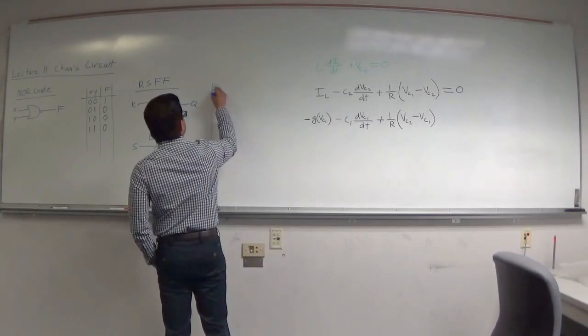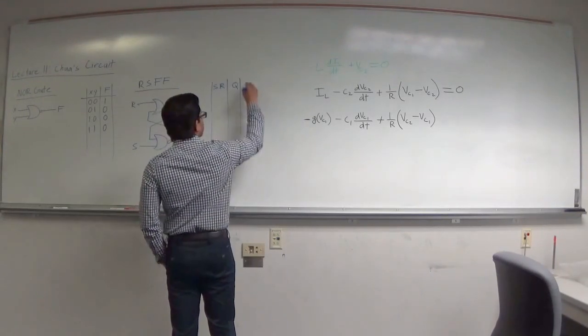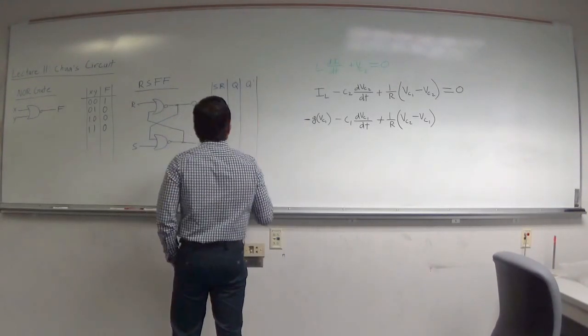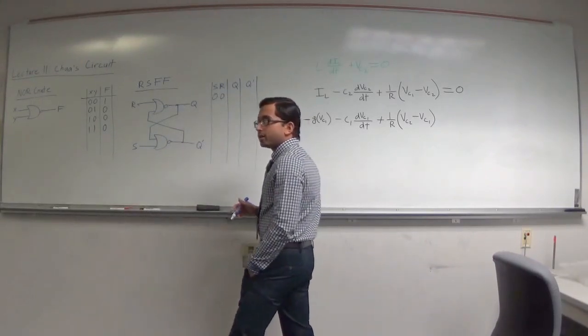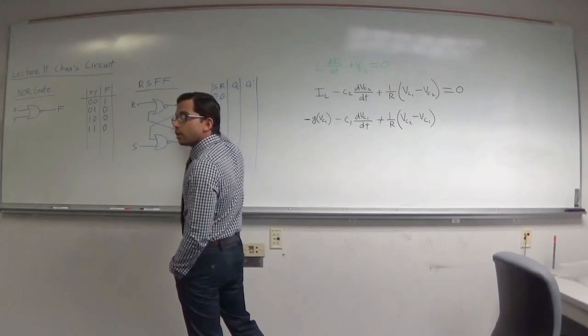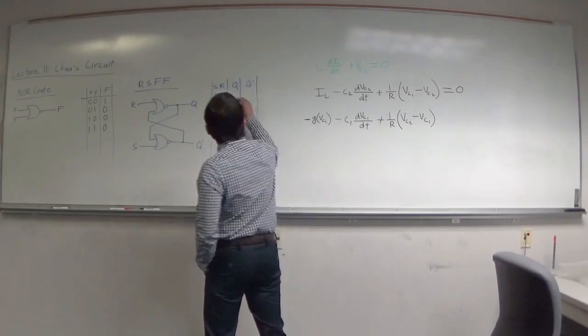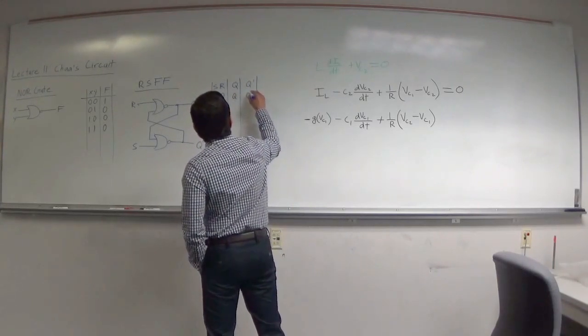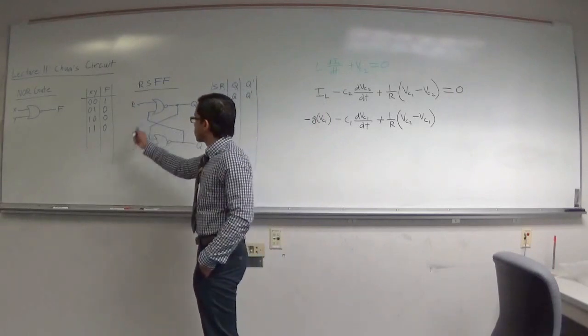So you have S and R, and it's going to be Q, this is Q prime. So if you have 0, 0, then whatever the last state of the bit was, it's going to stay as is. So it's just going to stay as Q and Q prime. So let's say you have 0, 0 there.